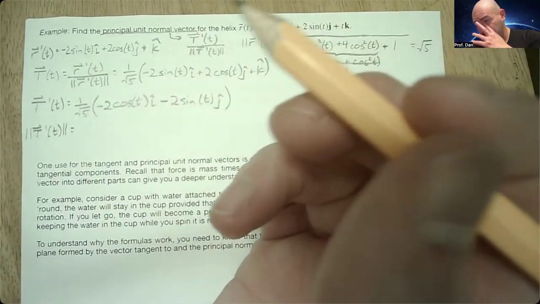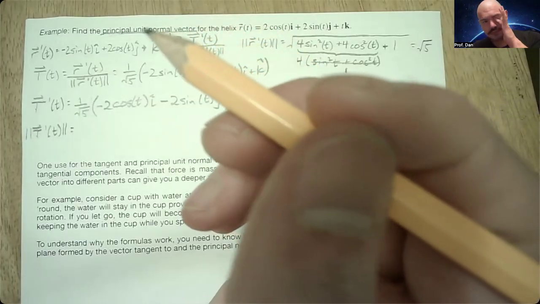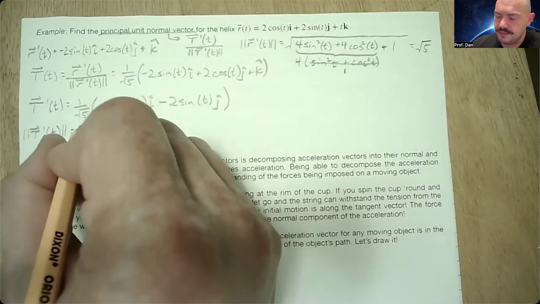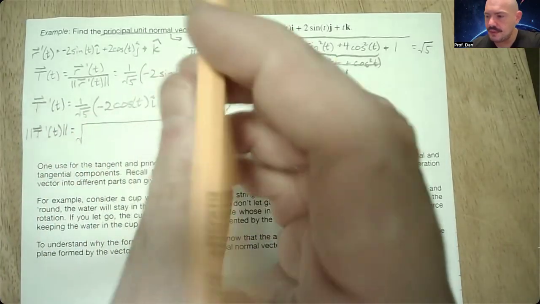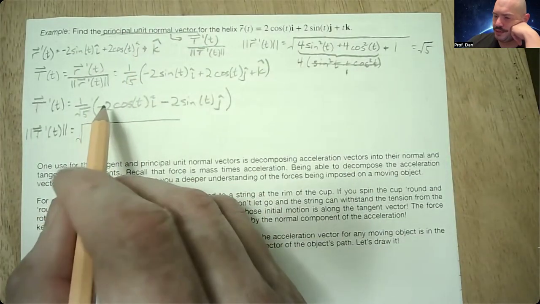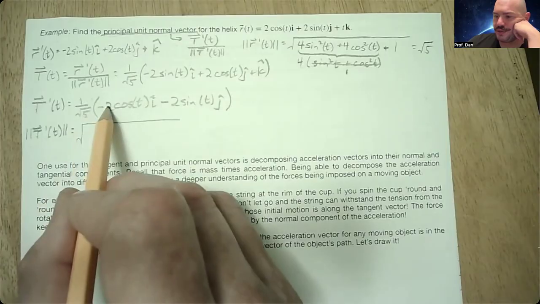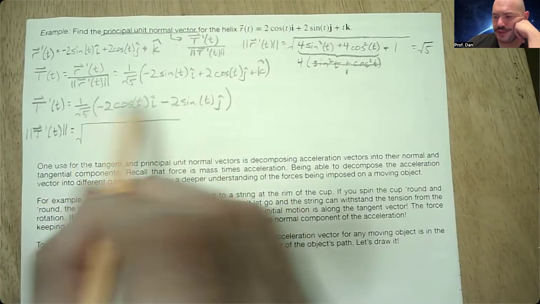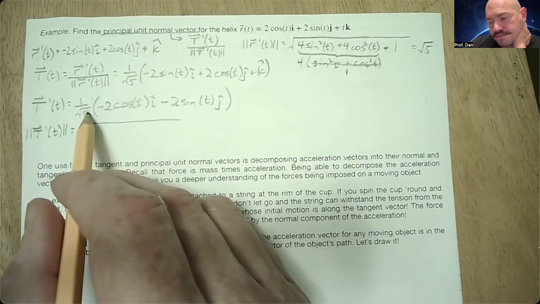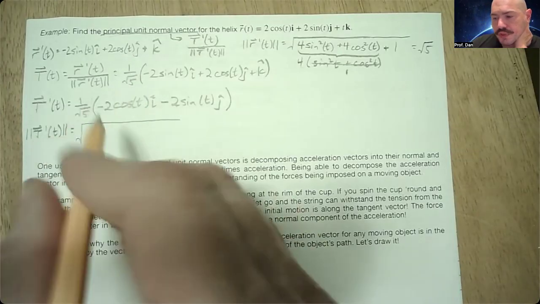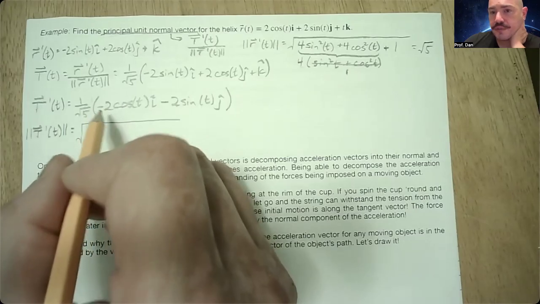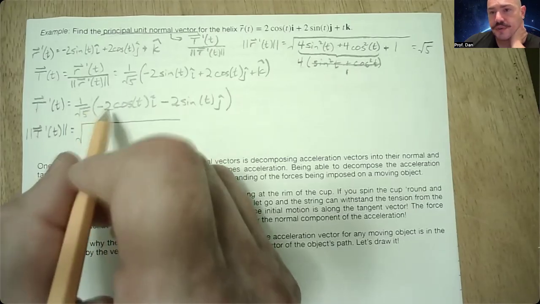So the magnitude, all right? To compute the magnitude, we could distribute this 1 over square root 5 to both of these terms. So when I do that, this becomes negative 2 over square root 5. Now think about what I would get if I squared that.